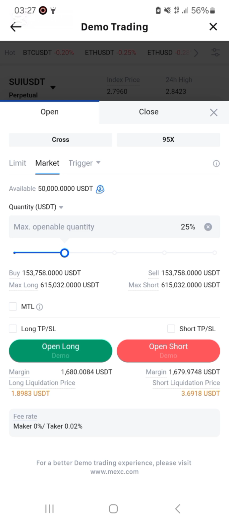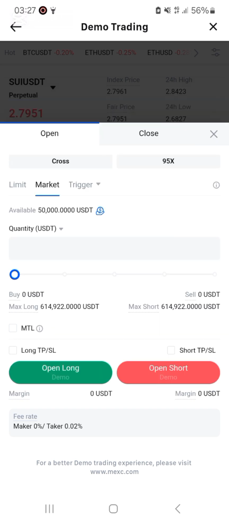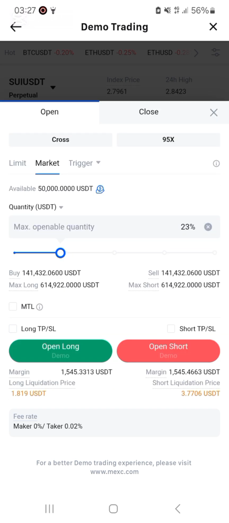So this page is where you choose the quantity you want to use. Remember, they gave you 50,000 USDT for this trade, right? If you're using 30%, you can equally type 30%.